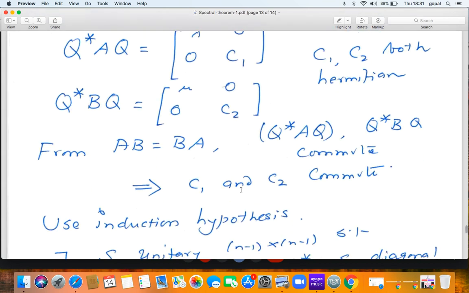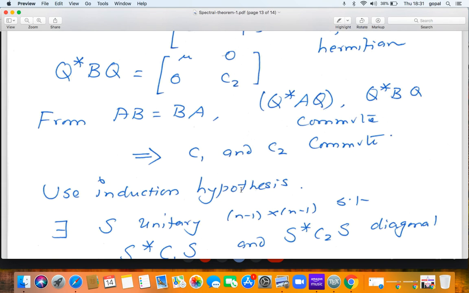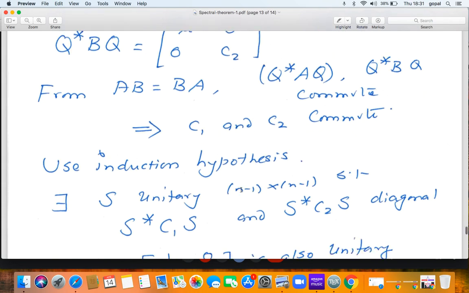So C1 and C2 are commuting Hermitian matrices of what size? n-1 cross n-1. So by the induction hypothesis, there exists a unitary matrix S such that S star C1S and S star C2S are both diagonal.